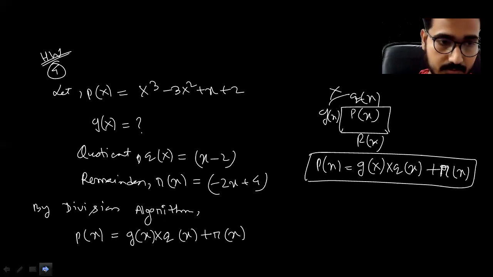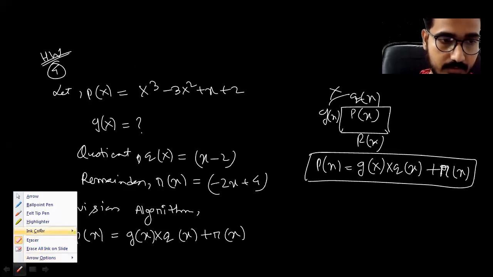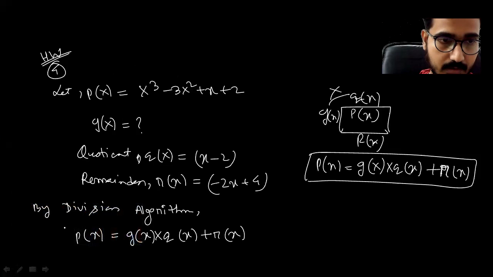Yes, just put the value here. Just put the value of px. So what is the value of px? The value of px is this one. So just put the value: x cube minus 3x square plus x plus 2.